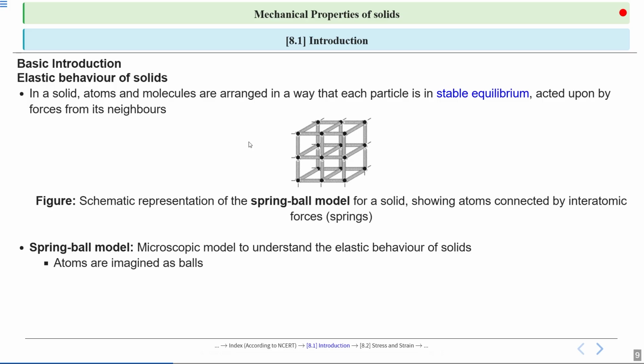This analogy helps us see how each atom is like a small sphere that can move slightly when a force is applied. Interatomic forces are represented by springs. These springs illustrate how atoms are connected and how they can stretch or compress when forces are applied.